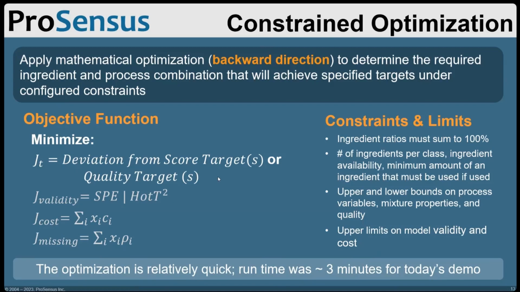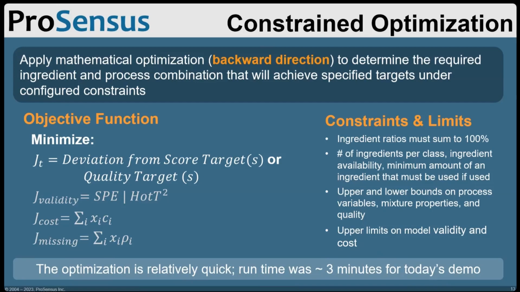And I will show you both once we get into the demo. And then we have some helper terms here to limit extrapolation, minimize the cost, and penalize ingredients that may have missing data. And of course, there are constraints and limits that are configured.